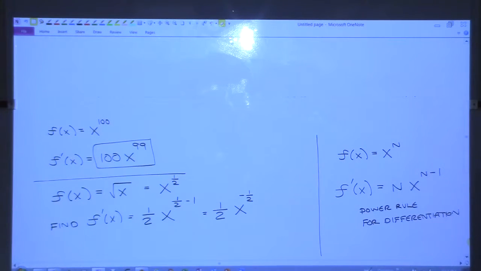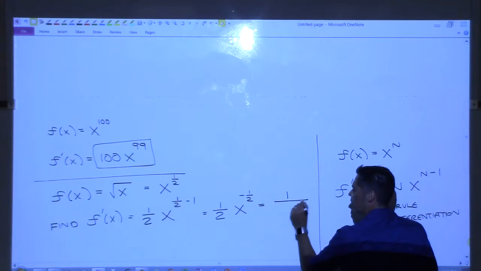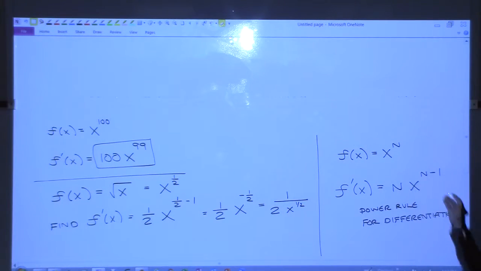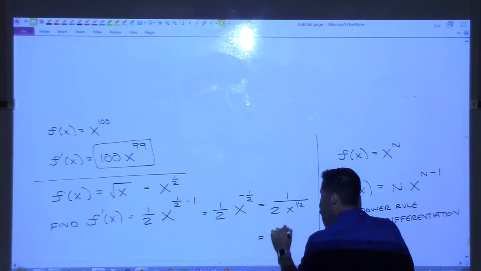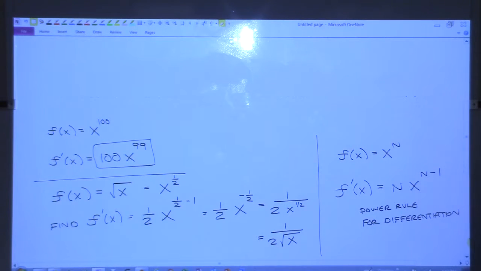However, what's another way I could write that? I could bring that negative 1/2 down, right, like this. And then that really means the square root. So that's the same thing.